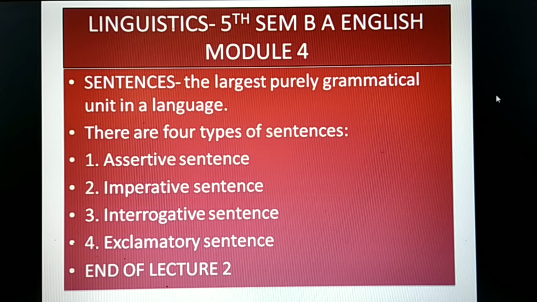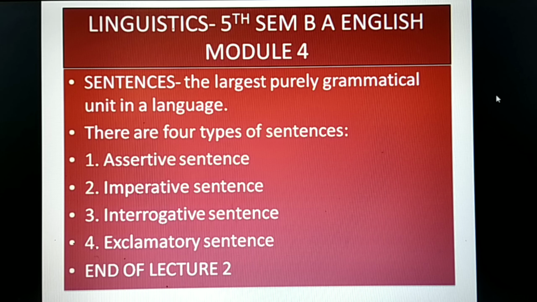And there are subordinate clauses. Subordinate clauses are clauses that depend on independent clauses, and we have four kinds of sentences: the assertive sentence, the imperative sentence, the interrogative sentence, and the exclamatory sentence.